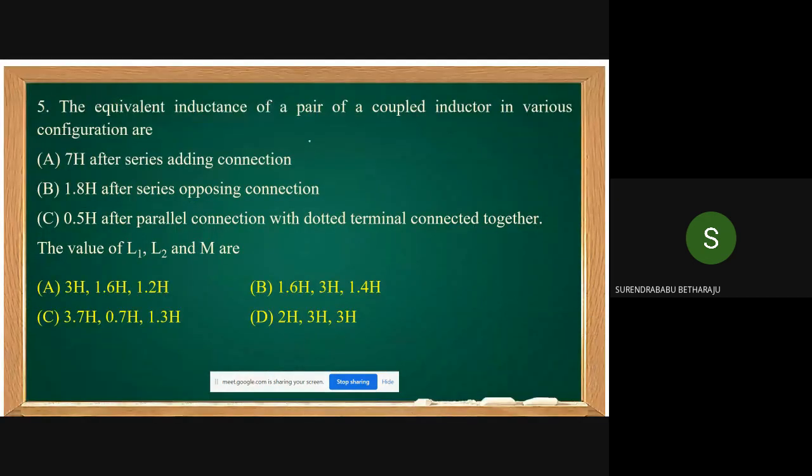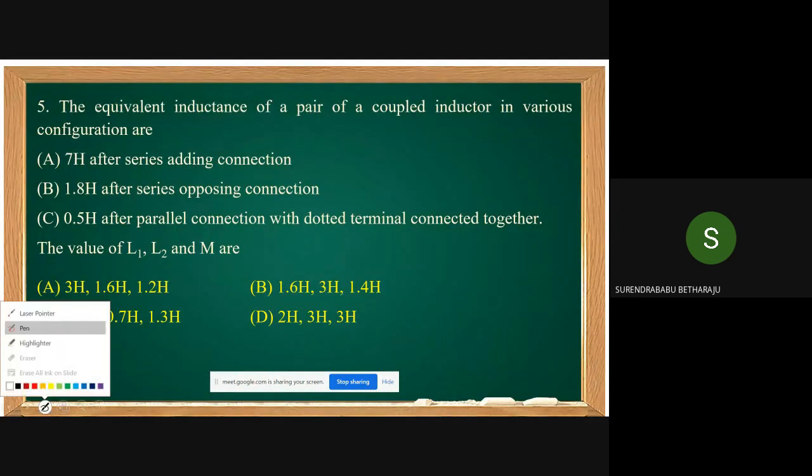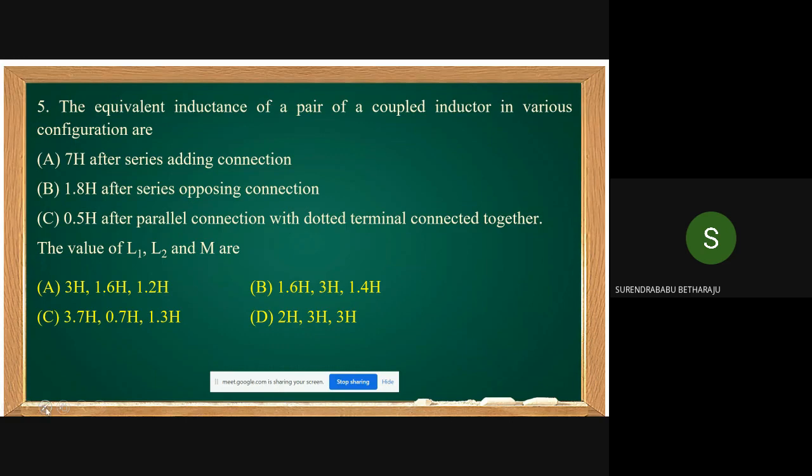Yes, I'm explaining. It's very simple. For the solution to this problem, here itself I'm explaining. The equivalent inductance of a pair of coupled inductors in various configurations. 7 Henry after series aiding connection.